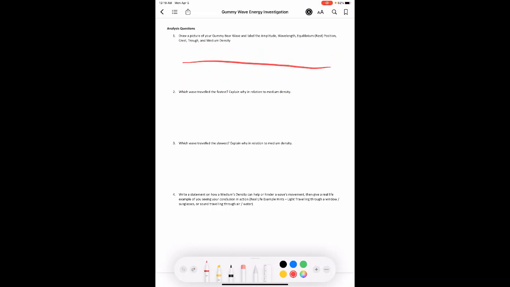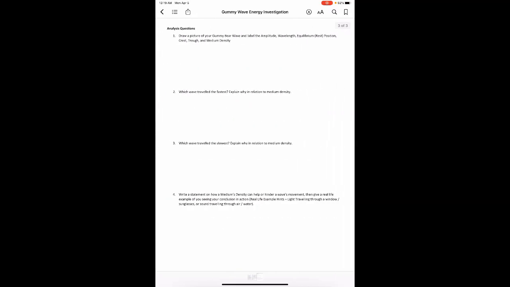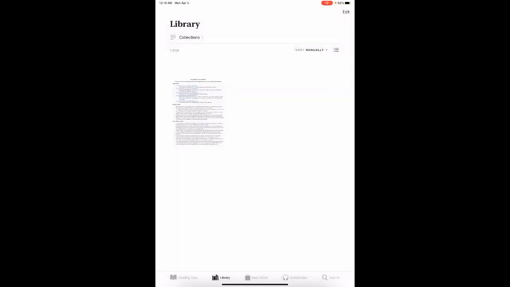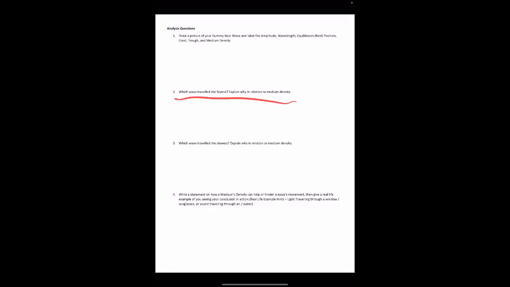Well, you can calculate your data on that to be able to double check and make sure, but pretty much you're just making sure that you're using for that one, which wave traveled the fastest and why, for number 2, and explain why in relation to medium density. How you're going to do that one, you're going to look at, there we go.